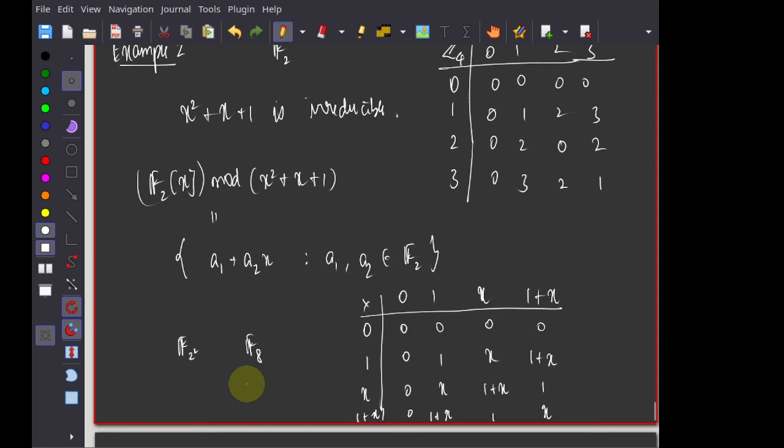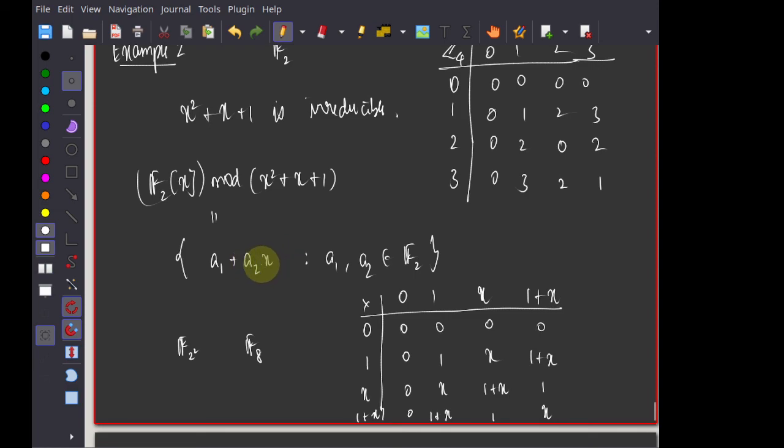Which one? So here again, you mean to say if I take different irreducible polynomials, they'll all be a1 plus a2x. Suppose there were two irreducible polynomials of degree 2. Then all of them would still be of the form a1 plus a2x, right?